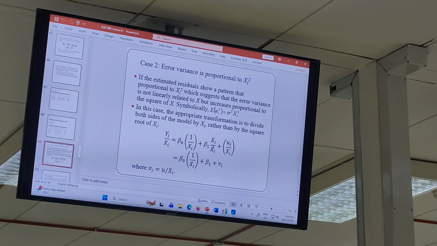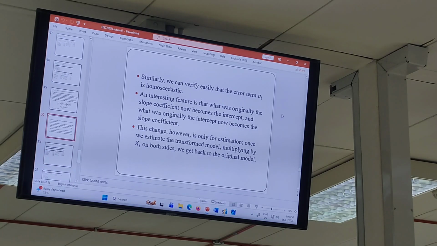Remember, in your x matrix, if the column is all equal to 1, then it's just the intercept. So now this one becomes a new intercept, and this one is the new disturbance, the error term. Similarly, we can easily verify that the error term is homoscedastic.